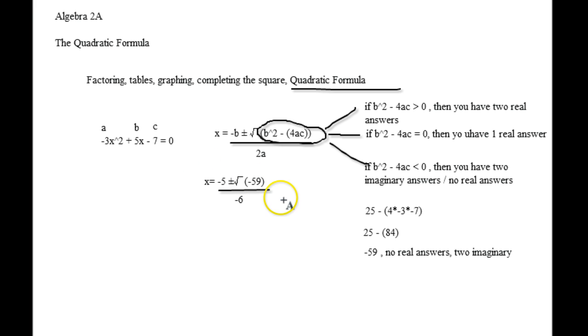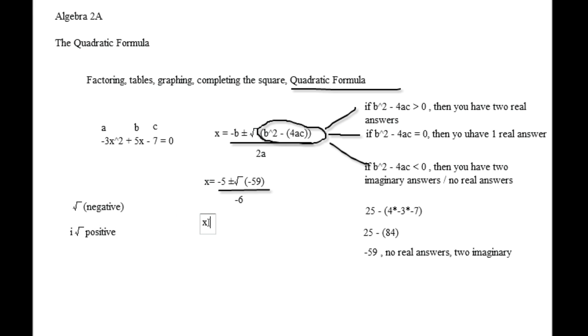So I'm going to introduce the idea that whenever you do the square root of a negative, I want you to rewrite it as i times the square root of the positive number of whatever it is. If you just rewrite it like that, you should be fine.